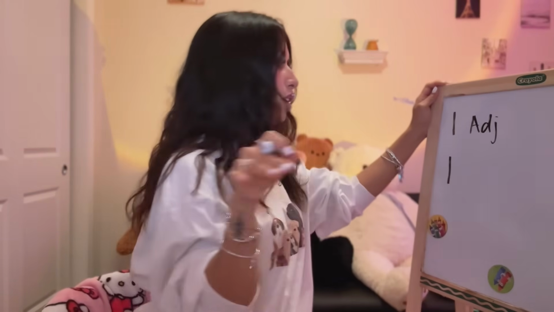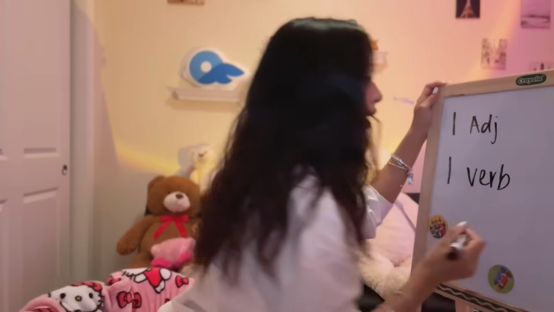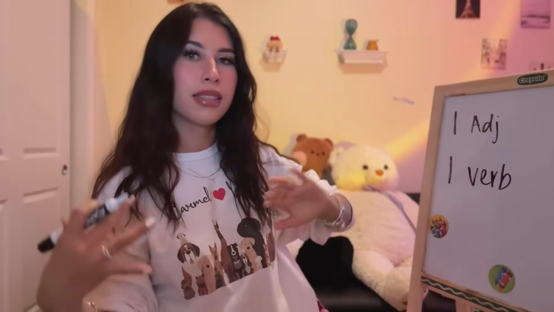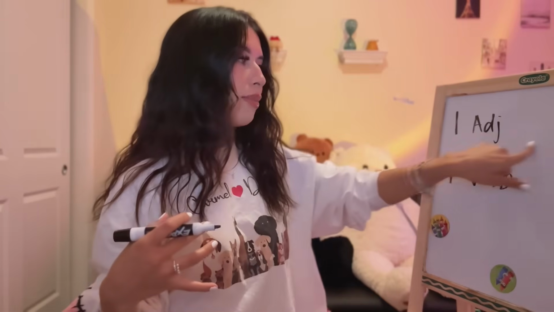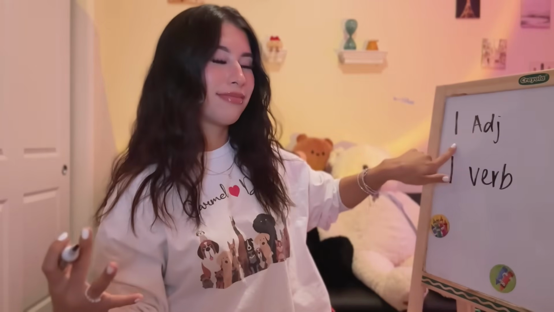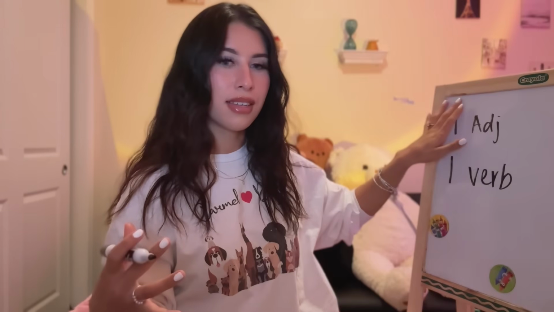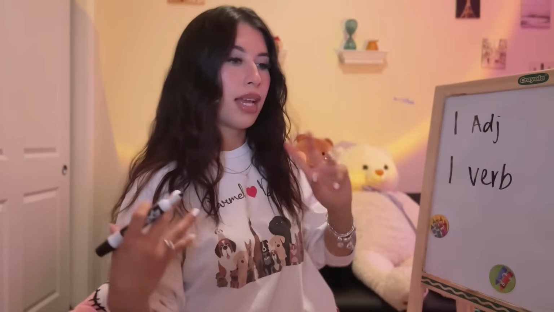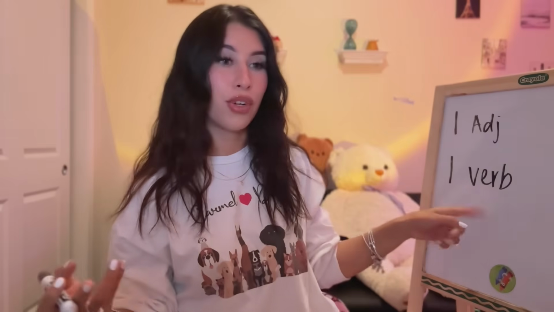Exactly. You got it. You know adjectives. And then one verb. Your first sentence is going to be using adjectives, and your second one is going to be using verbs.